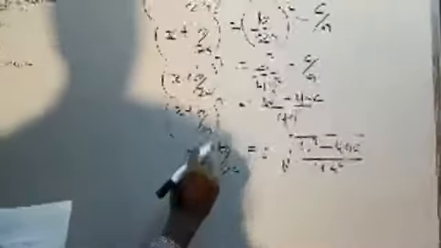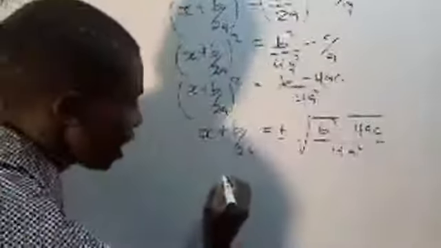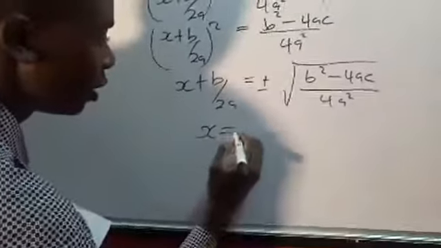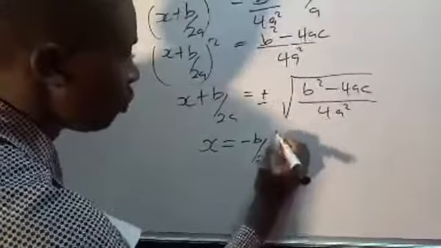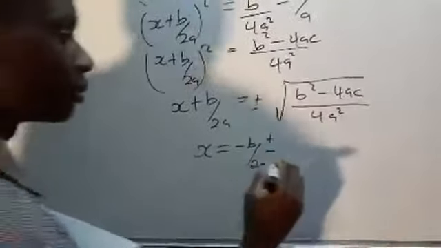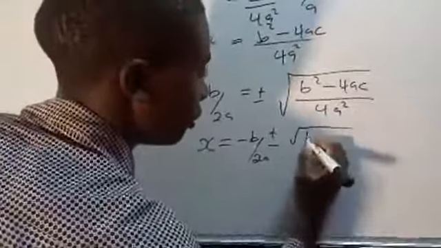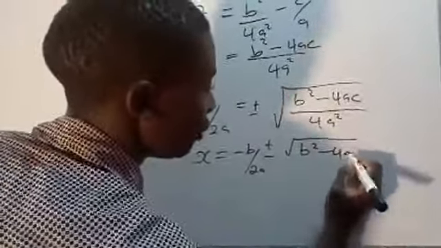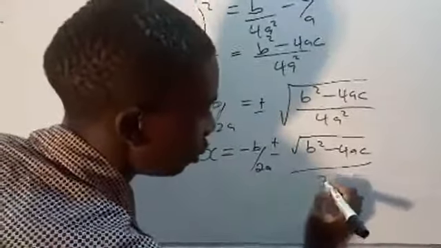Taking this term to the other side, it will become x equal to minus b over 2a plus or minus square root of b squared minus 4ac over 2a.